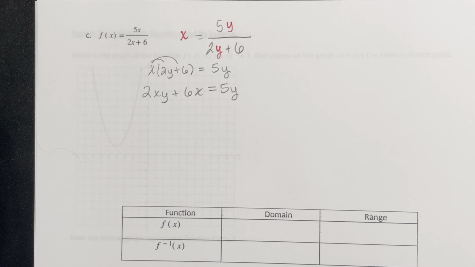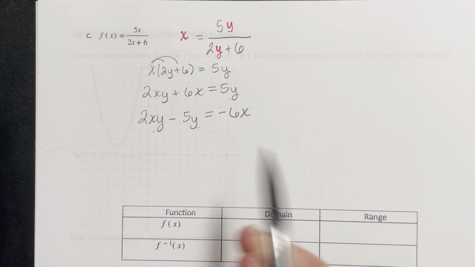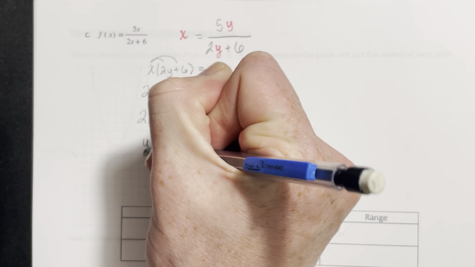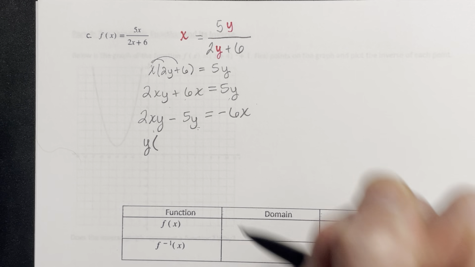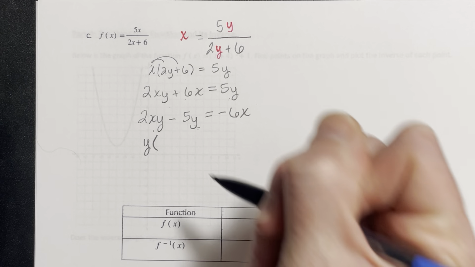That would give me 2xy minus 5y is equal to negative 6x. By moving all the y's to the same side, we have a common factor of y that we could factor out. And that would make that y times 2x minus 5 equals negative 6x.